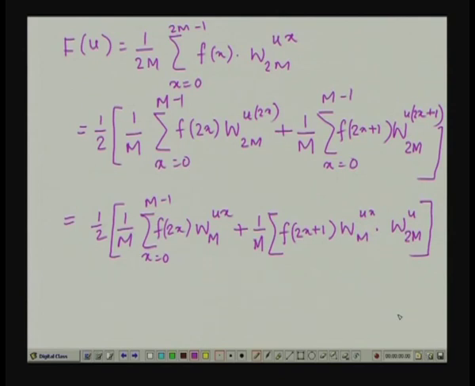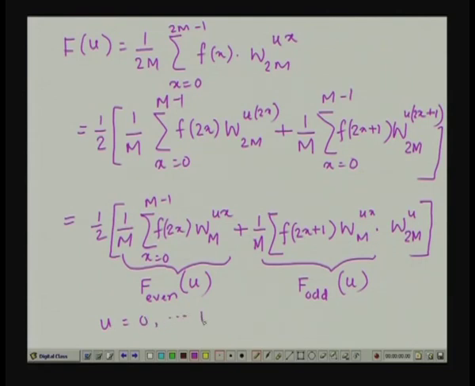Now, if you analyze this expression, you find that the first summation gives you the Fourier transform of all the even samples. So, this gives you F_even(u), and the second summation gives you the Fourier transformation of all the odd samples. So, I write it as F_odd(u), and in this particular case u varies from 0 to capital M minus 1.